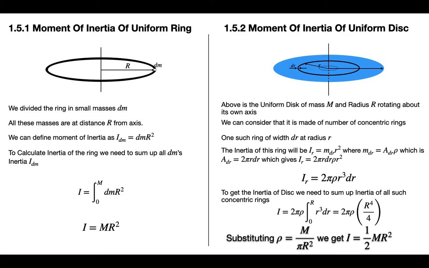Now substituting rho: the density of the disk is mass divided by the area, and the area is pi r square, the area of a circle. So if you substitute rho is equal to m divided by pi r square, we get I is equal to half mr square.